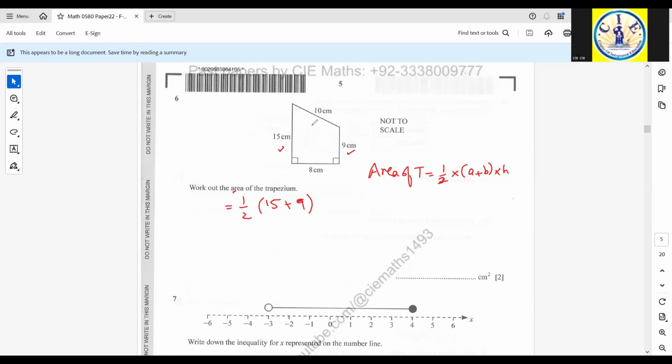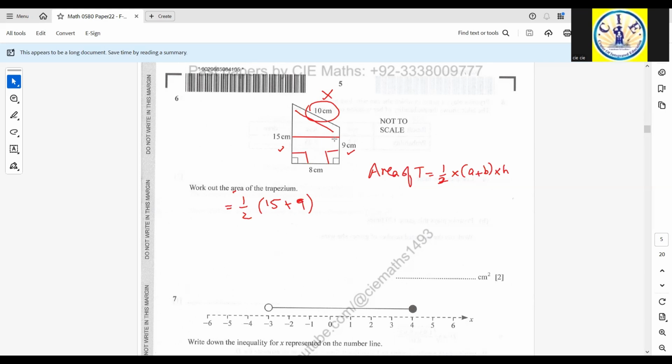So between these two sides, we are not going to take this side as the height because this is the tilted side. Rather, the perpendicular height is this one, which is making an angle of 90 degrees.